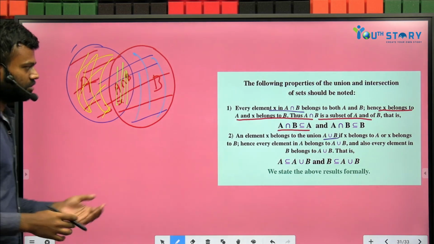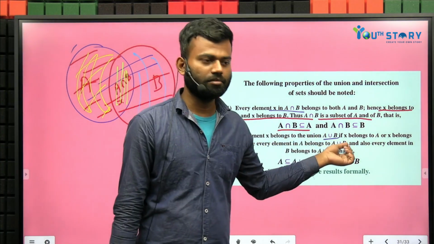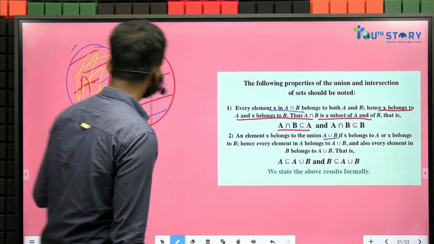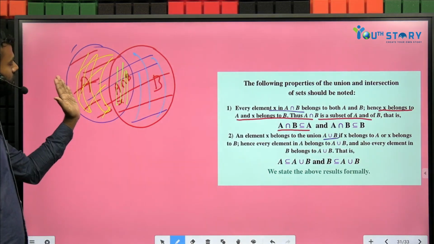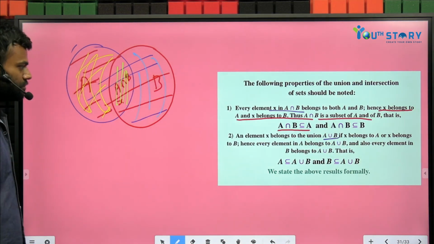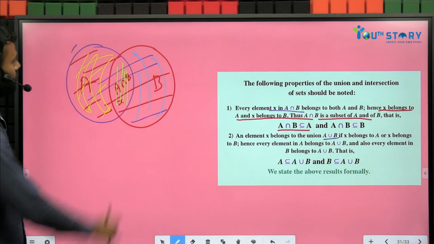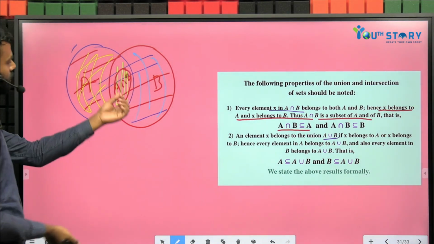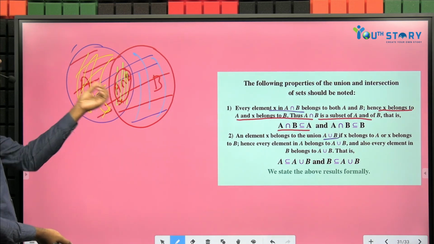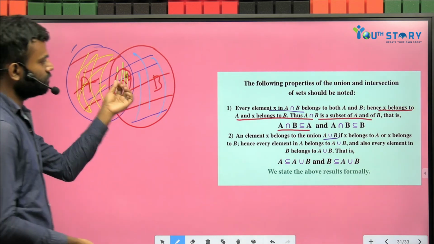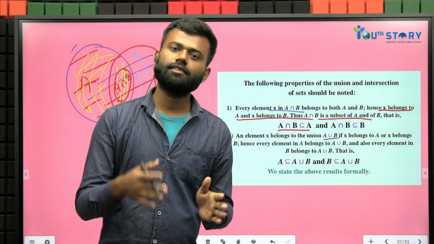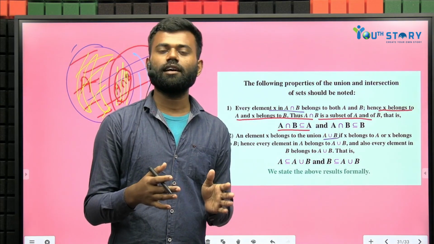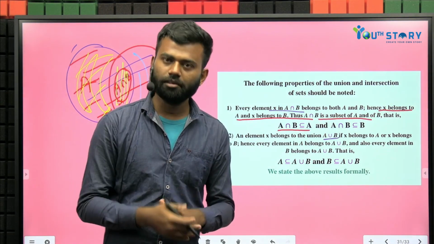So if X belongs to A union B, then X has three choices, either this side or that side, or if it is in the common part, then it is a member of A and also a member of B. So this reduces to X being a member of A or a member of B.